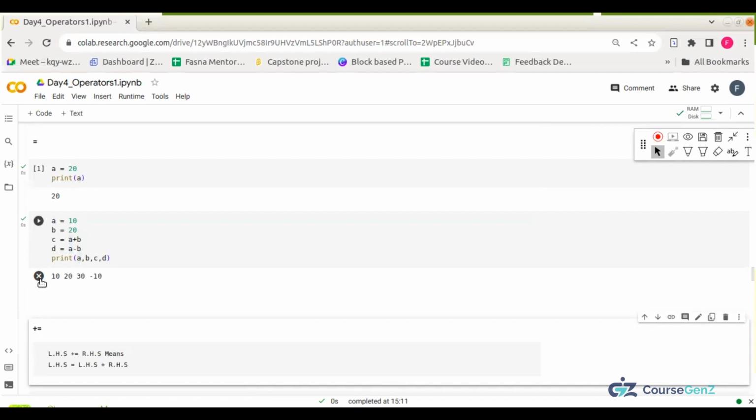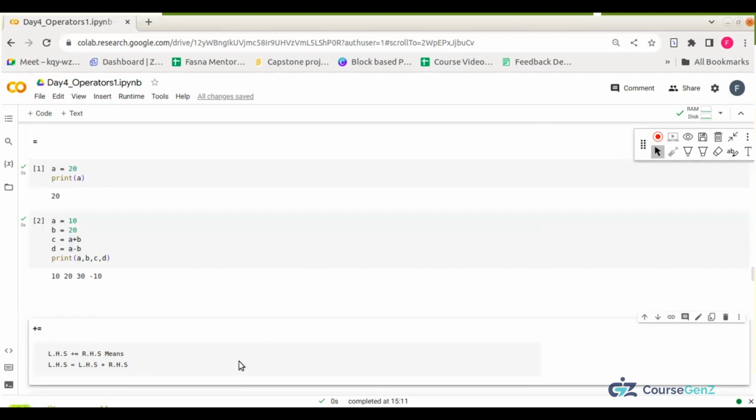Okay, fine. So now we are moving to the second assignment operator, which is plus equal to. Here, left hand side plus equal to right hand side means LHS, that's left hand side, plus RHS.